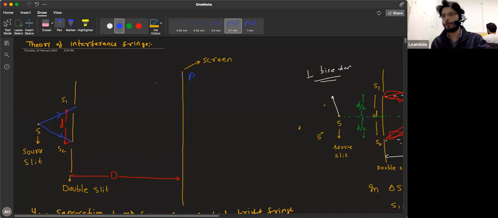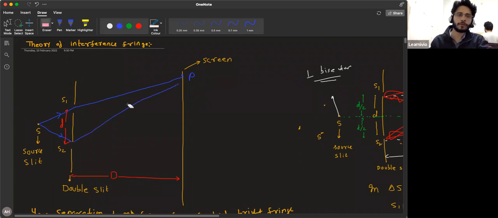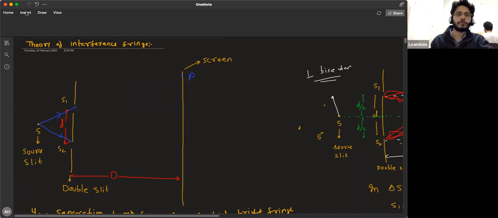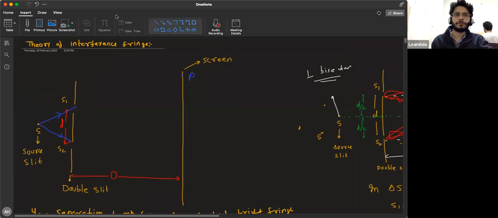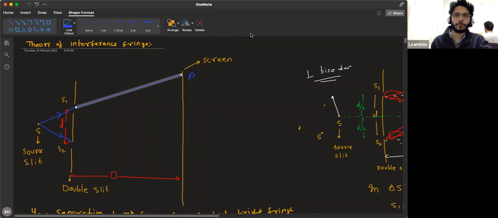Let's consider a point P on the screen. At point P, the light waves are coming from S1 as well as S2.